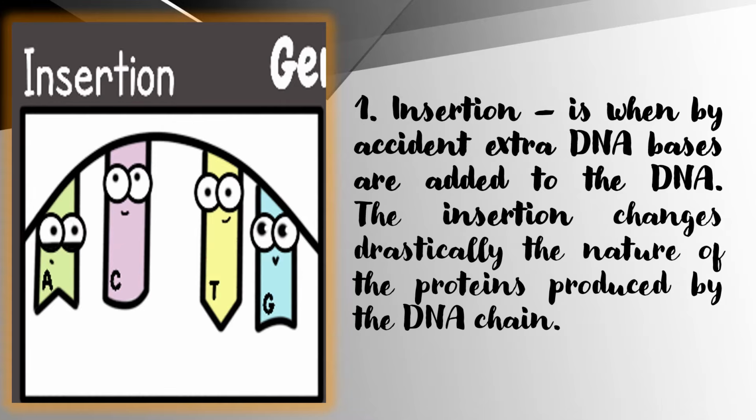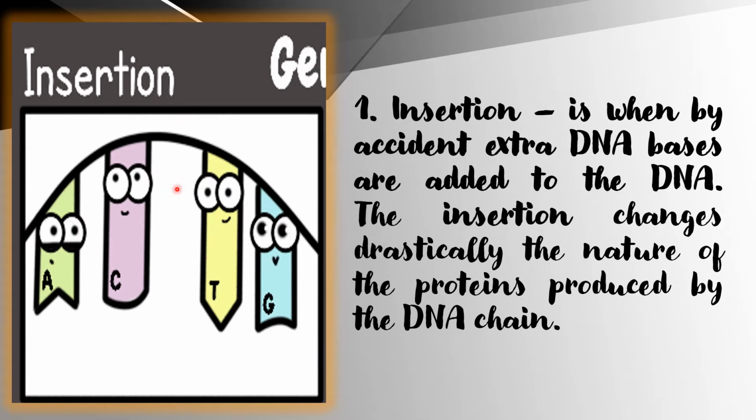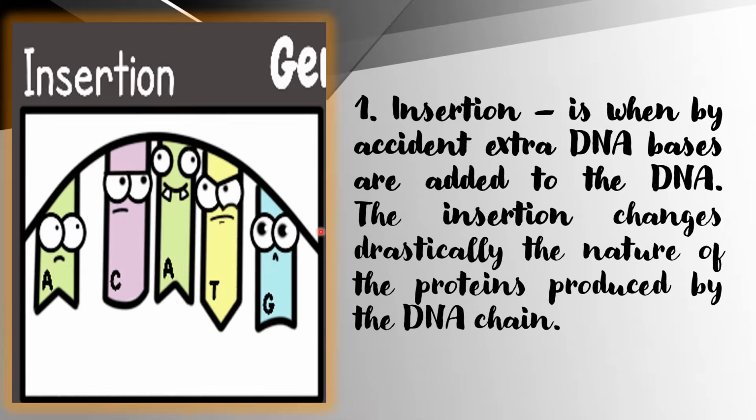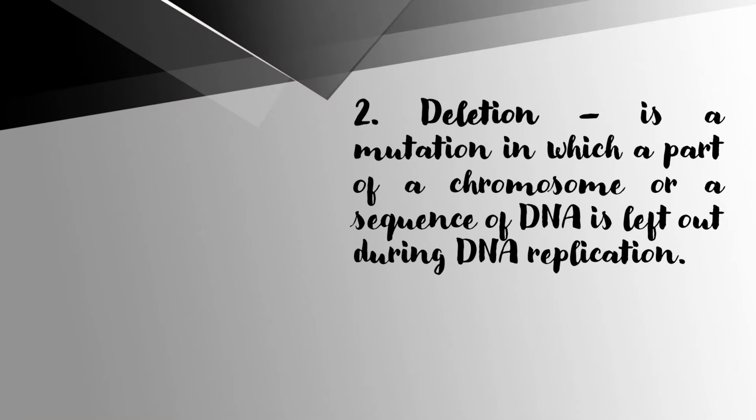The insertion changes drastically the nature of the proteins produced by the DNA chain. Kung mapapansin niyo dito sa insertion, so it is a blank space, pero dahil nagkaroon ng accident extra DNA bases na nadagdag dito sa gene, so magkakaroon talaga ng pagbabago sa production ng protein.